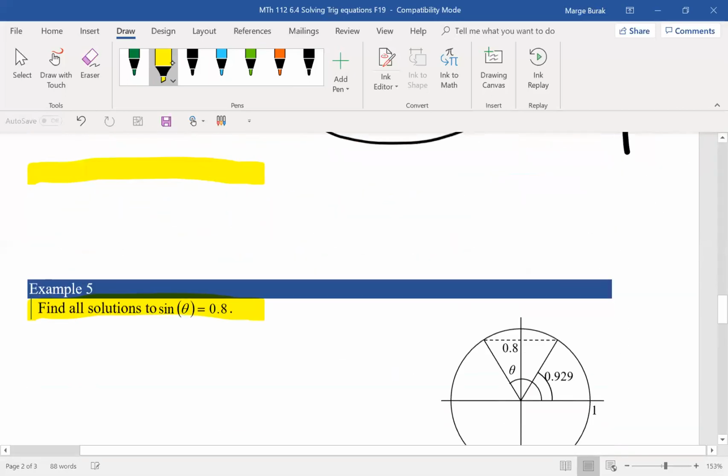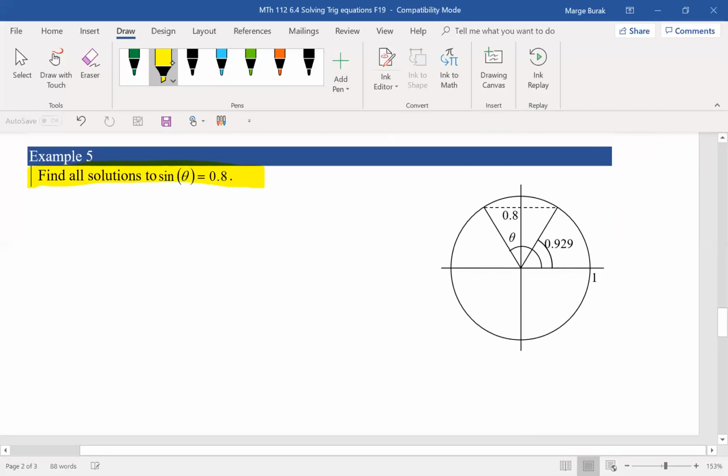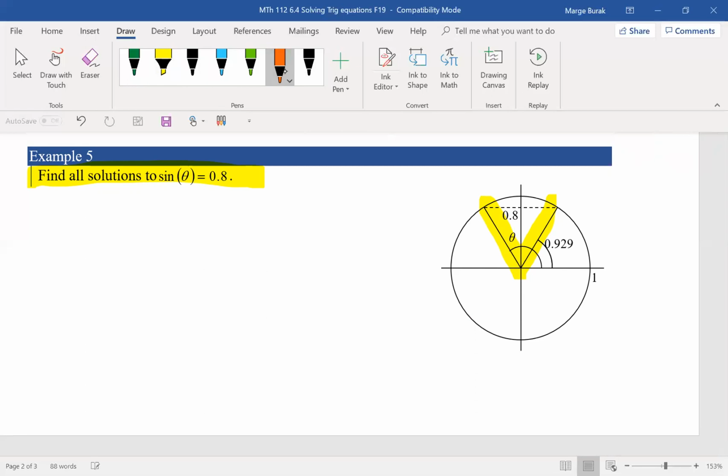We also know that this angle has the same sine, 0.8, as this angle. So we've got 0.927 radians, which is less than pi over 2, but we also have this one over here. Now, how do we get that?